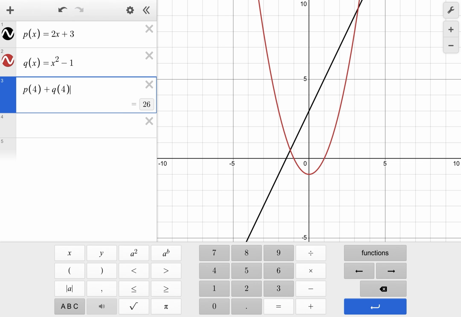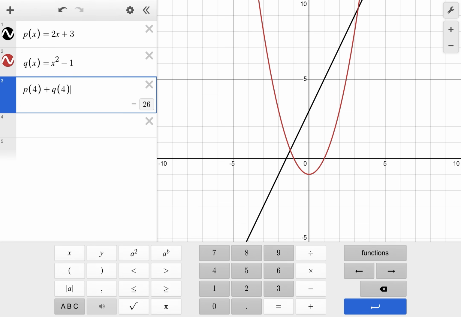So once you define these functions, p of x and q of x, Desmos can literally use them in longer expressions, like the one here that gave us 26 as our output. That's again a really satisfying part of using Desmos.